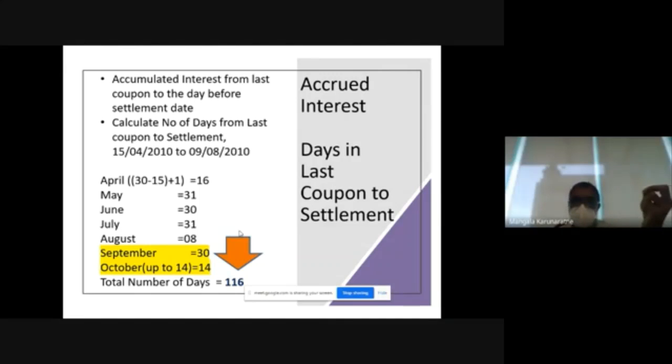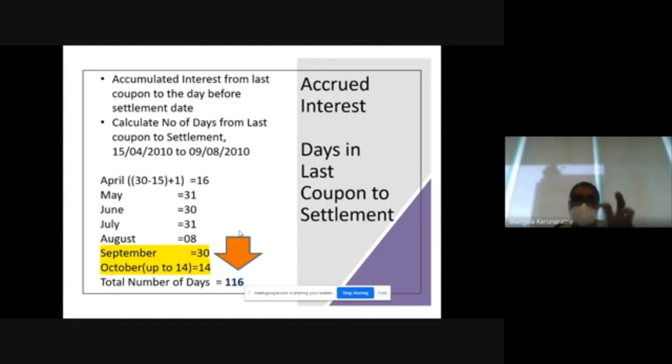Plus the bond value. So accrued interest is the accumulated interest from the last coupon to the day before the settlement date. Why do we say the day before settlement date? We can always say till the settlement date, but to be more specific, I have put the day before settlement day.